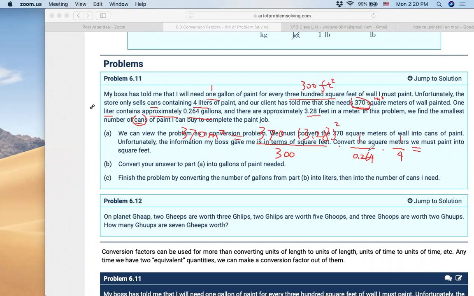And each gallon, with the relationship, should be 1 over 0.264, because each liter contains 0.264 gallons. So you take the number of gallons you get, divided by 0.264, then you get the number of liters. Because 4 liters is 1 can, you divide it by 4, and that gives you the number of cans.